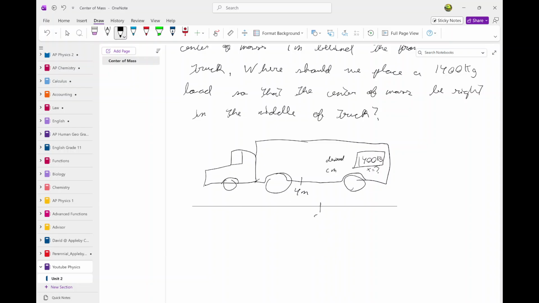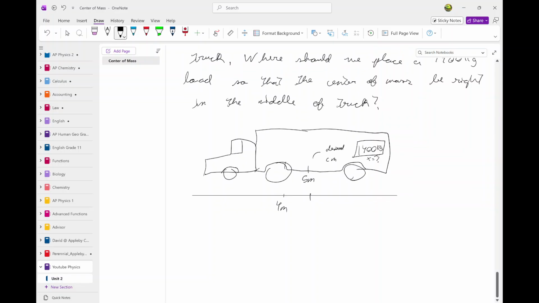So around here, 5 meters. I'm just gonna say that right here, 4 meters. So that's not actually directly in the middle, around here. So that's the desired center of mass.